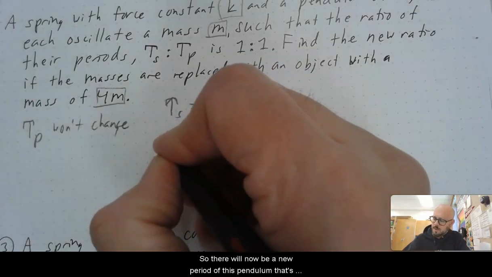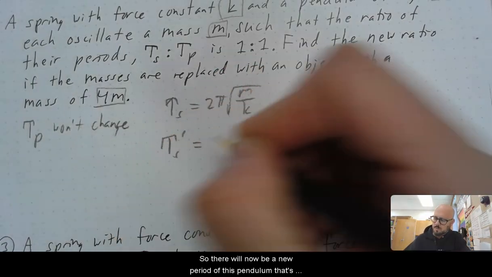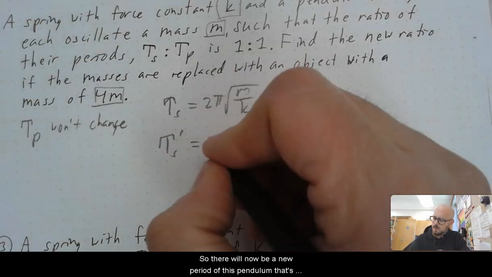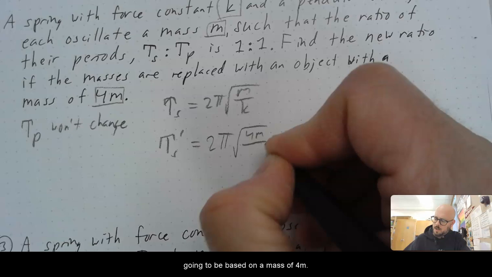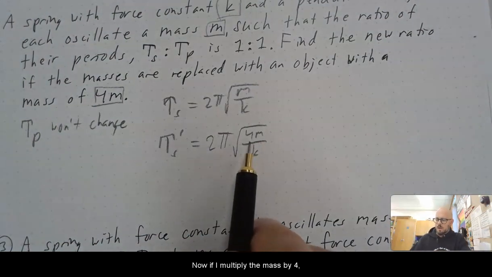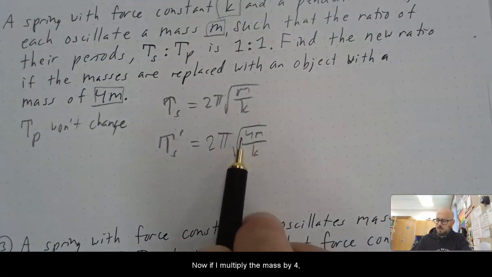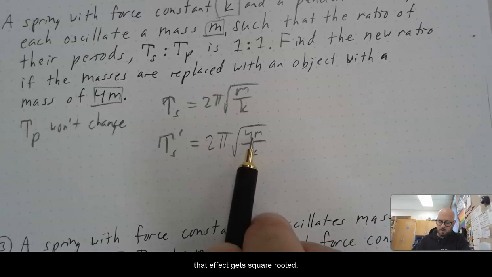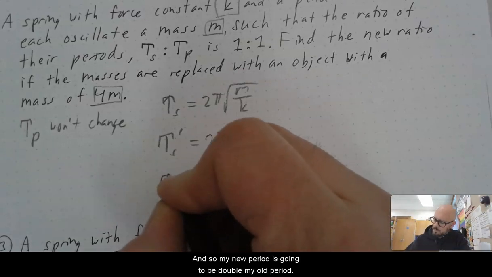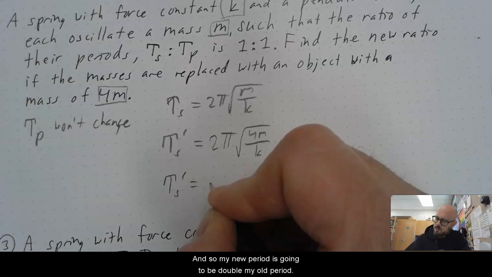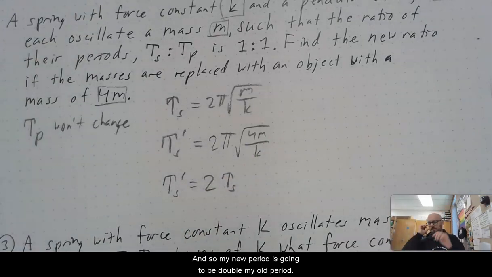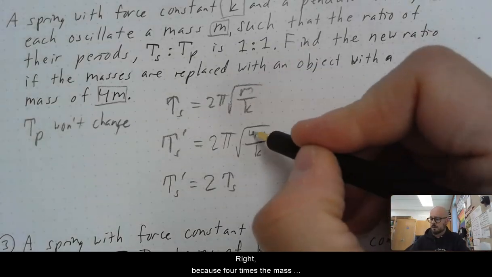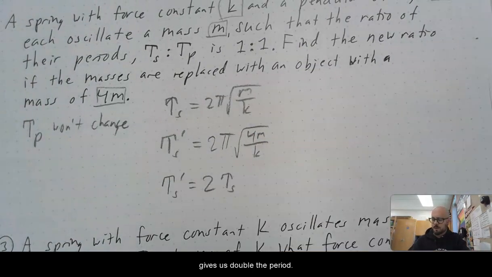So there will now be a new period of the spring that's going to be based on a mass of 4m. Now, if I multiply the mass by 4, that effect gets square rooted, and so my new period is going to be double my old period, right? Because 4 times the mass gives us double the period.